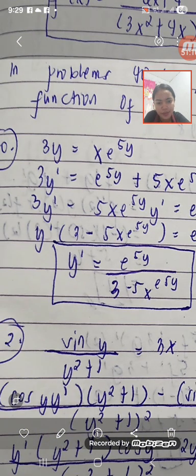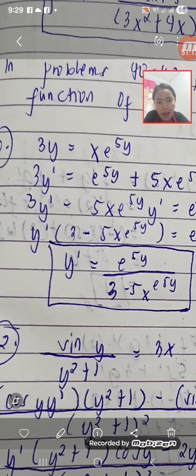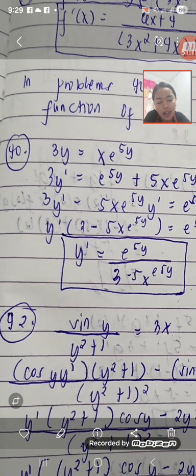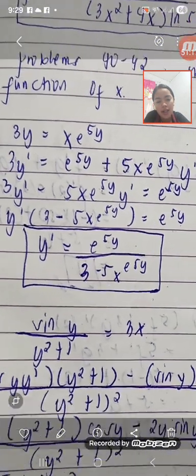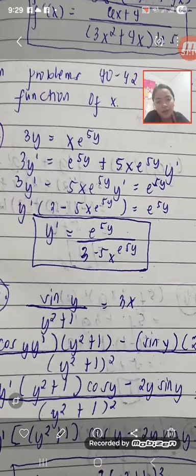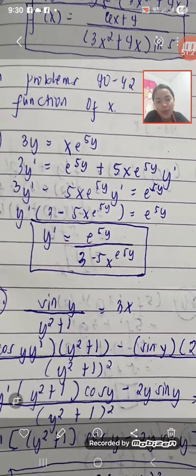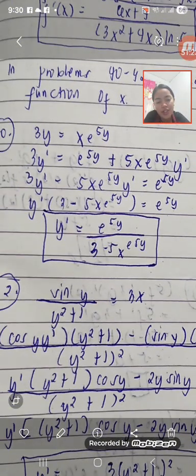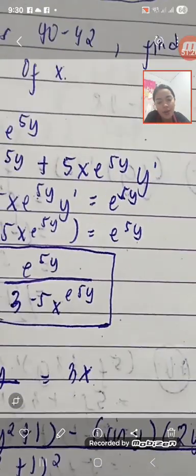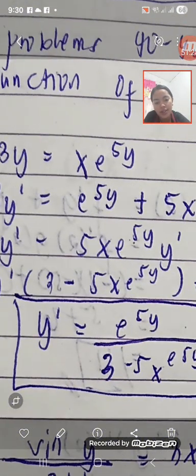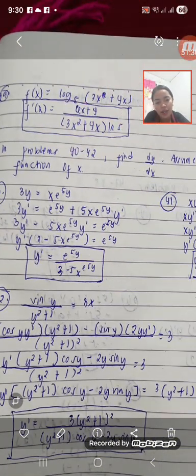Factoring, I guess. So we come up with y prime times 3 minus 5x e^(5y) is equal to e^(5y). So our final answer is to have this as our numerator and this as our denominator. So that is our final answer.